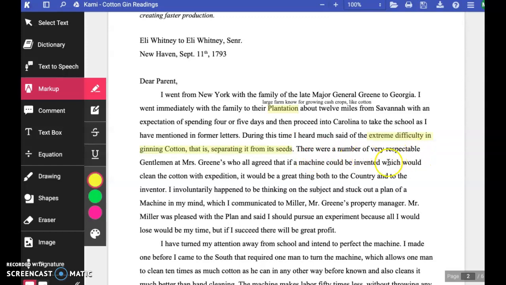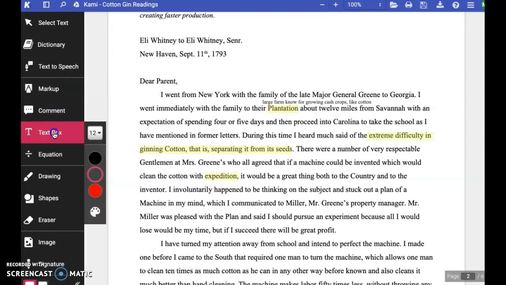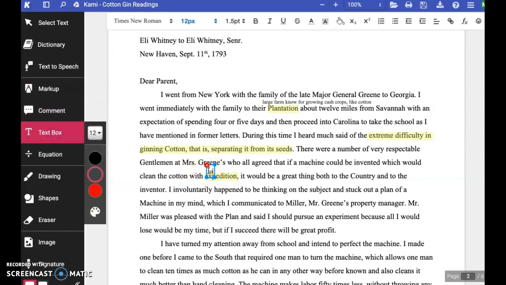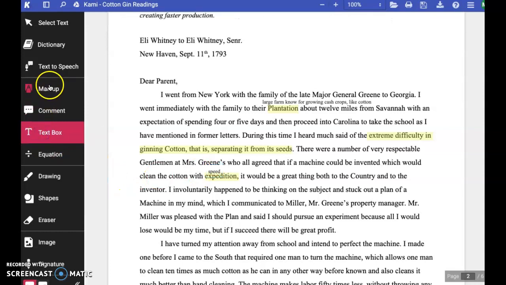"There were a number of very respectable gentlemen at Mrs. Greene's who all agreed that if a machine could be invented which would clean the cotton with expedition," which means speed in this reading, a machine that could clean cotton quickly, "it would be a great thing both to the country and to the inventor."